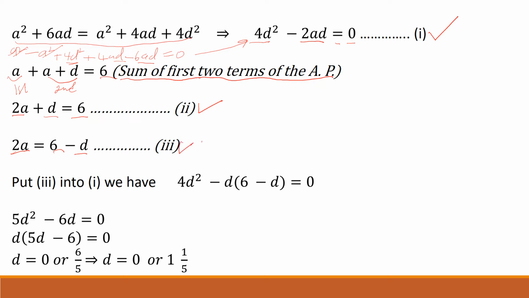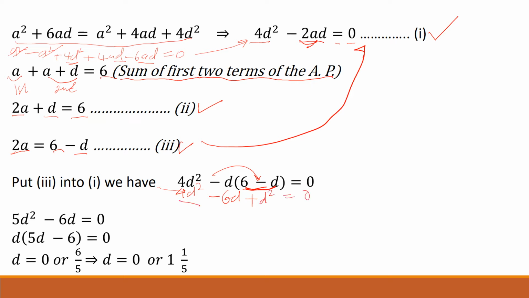Now I'm going to substitute this equation 3 into equation 1. So in place of 2A here, I'm going to have 6 minus D. If I open this now, I'm going to have 4D squared minus 6D plus, multiplying this, will give us plus D squared, all equals 0.